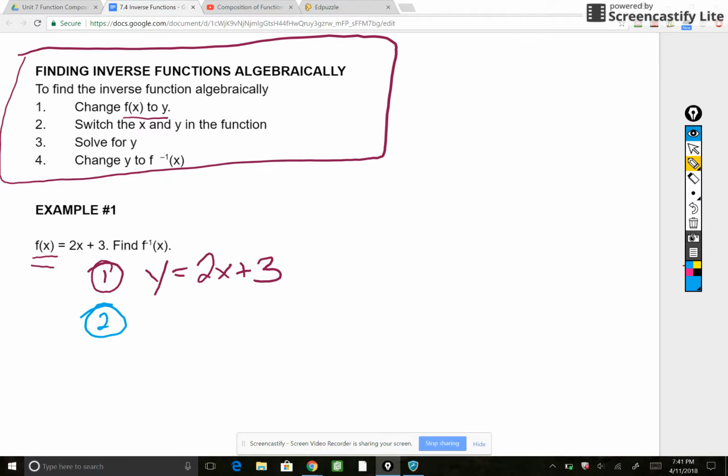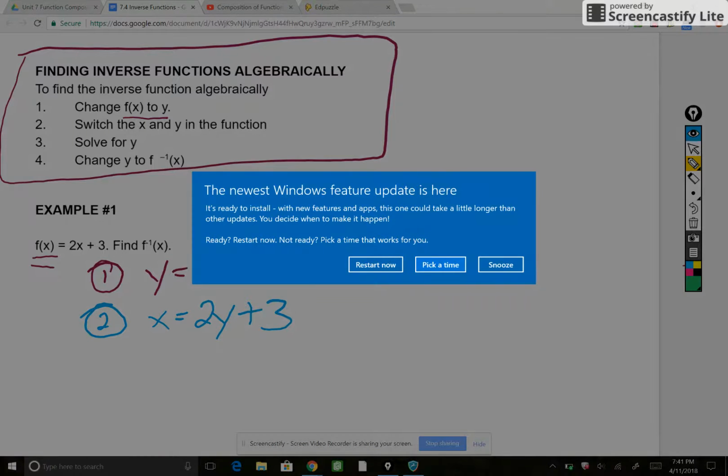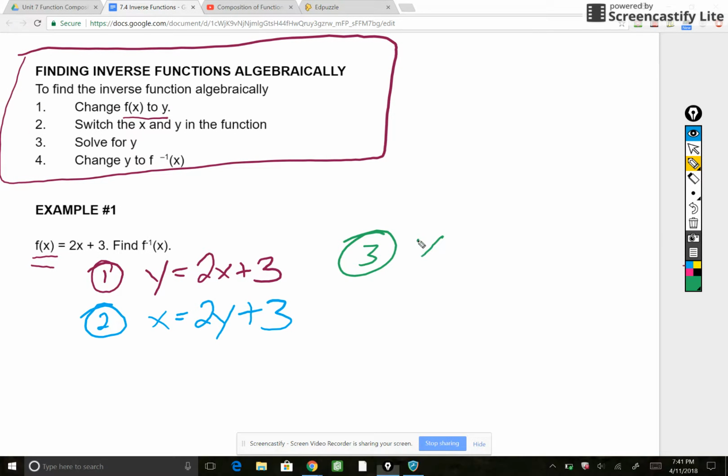Step two, switch the x and the y. I'm literally just going to flip-flop my x's and my y's. So my x equals, and now put my y with my 2. Just changed them around. Step 3 is to solve for y. If I have x equals 2y plus 3, I'm trying to solve for this y.